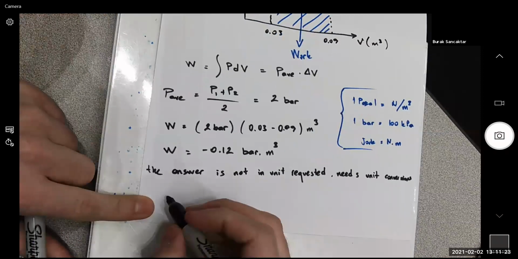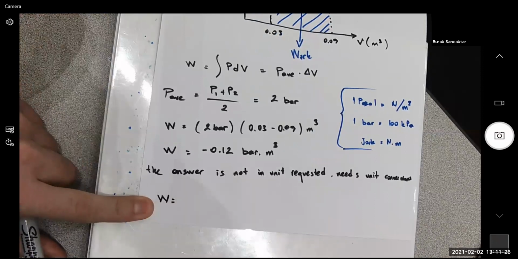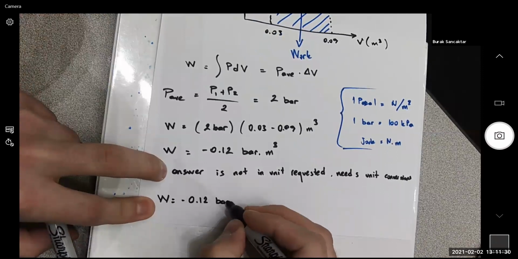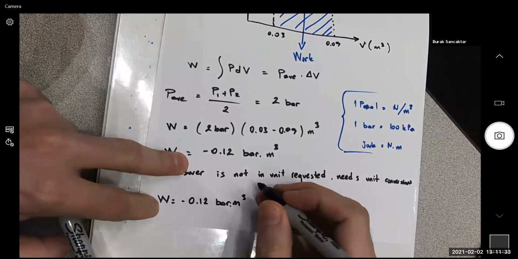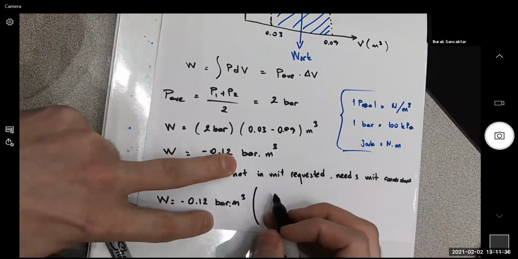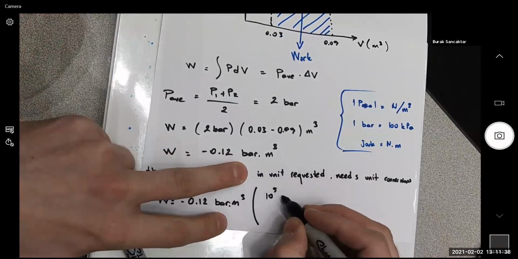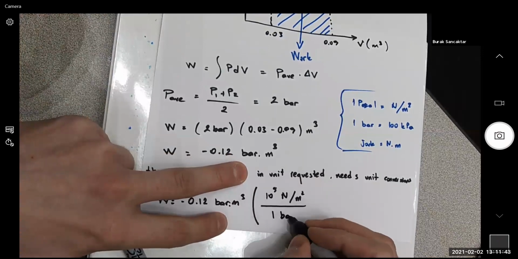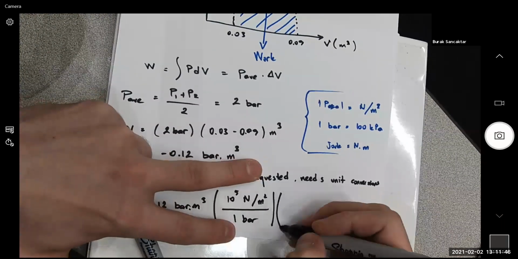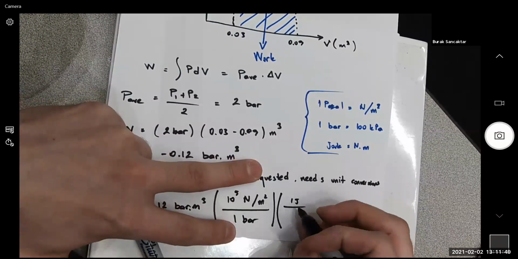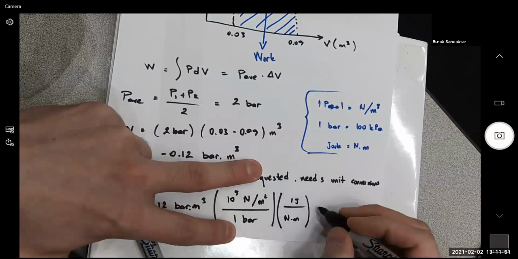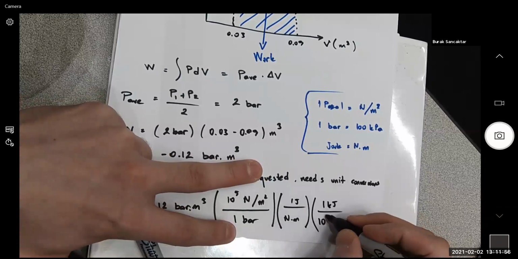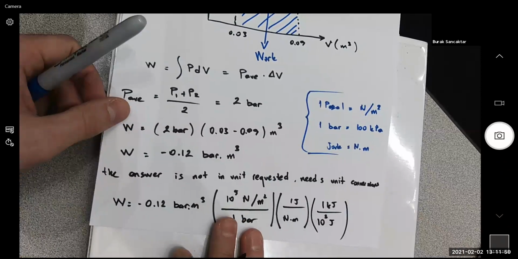Work is minus 0.12 bar meter cubed, times 10 to the 5 Pascal per bar, times 1 Newton per meter squared per Pascal, times 1 joule per Newton meter, and 1 kilojoule per 10 to the power of 3 joules.